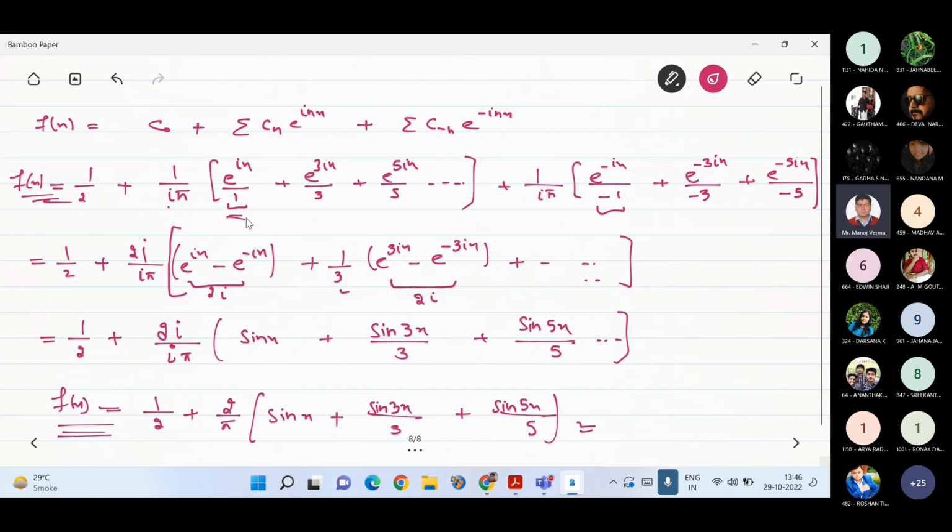But later on we have verified that if I arrange these complex variables, I can finally get the Fourier series expansion in terms of trigonometric functions, sine and cos.